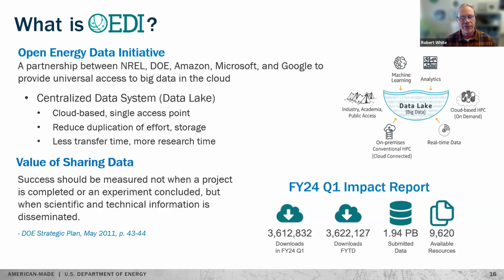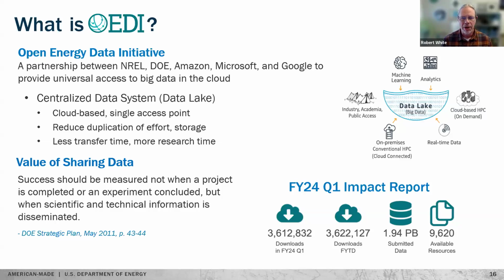It's grown out of the OEI, the Open Energy Initiative, which is the project overriding the whole thing. And this grew out of guidance from the administration back around the 2016 timeframe. And then an agreement was made between NREL, the DOE, and the three big cloud providers to put together a platform where we could store the data up there and provide the public with access to the data that we put up there.